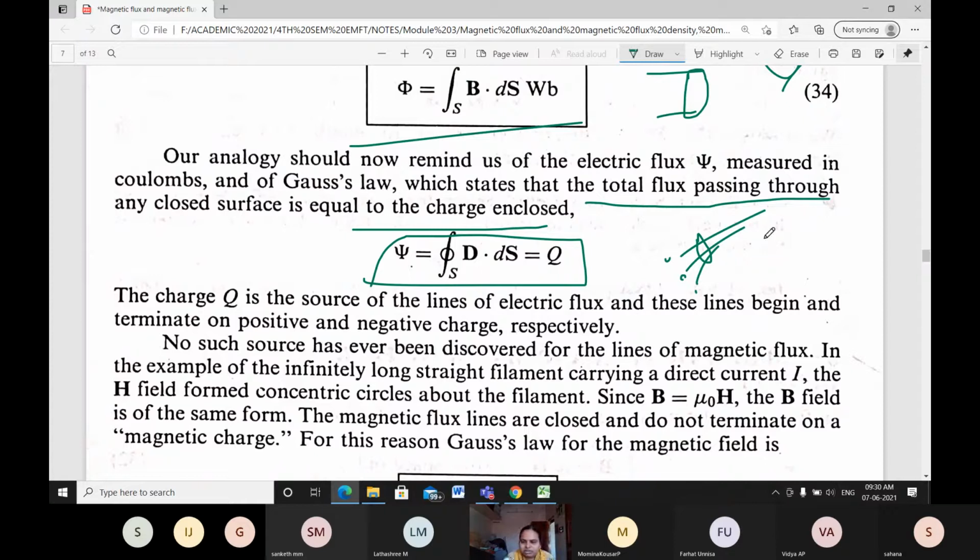If there is a positive charge here and a negative charge here, the field will originate at the positive and terminate on the negative part. It depends on which path is strongest, and based on that it will be going.